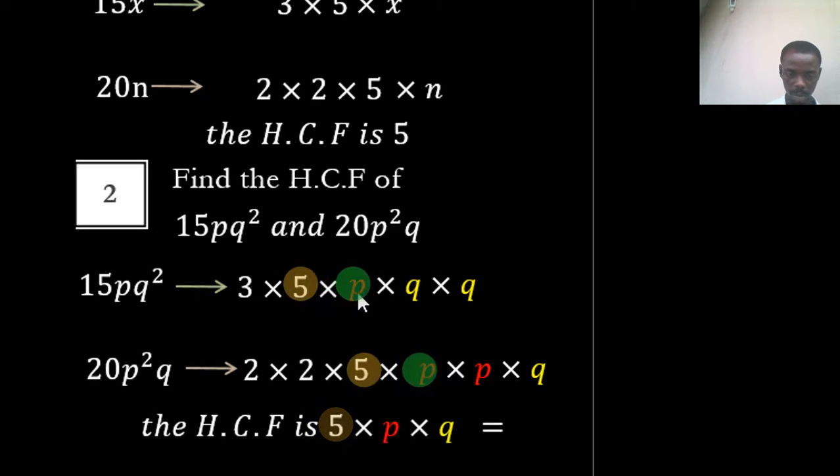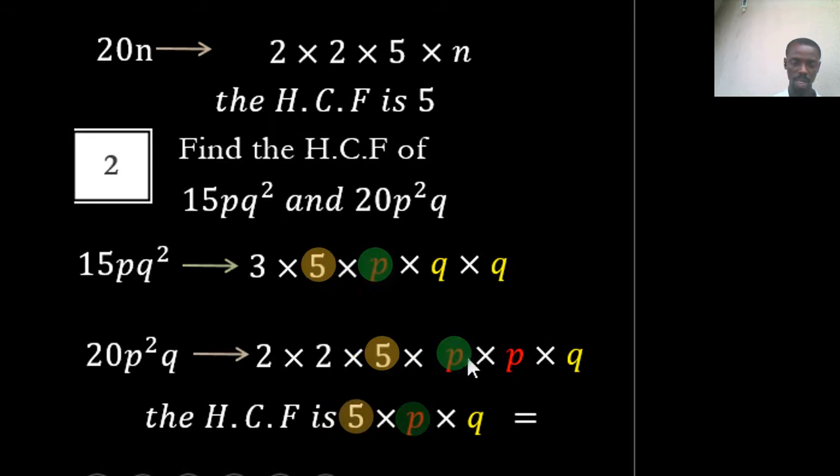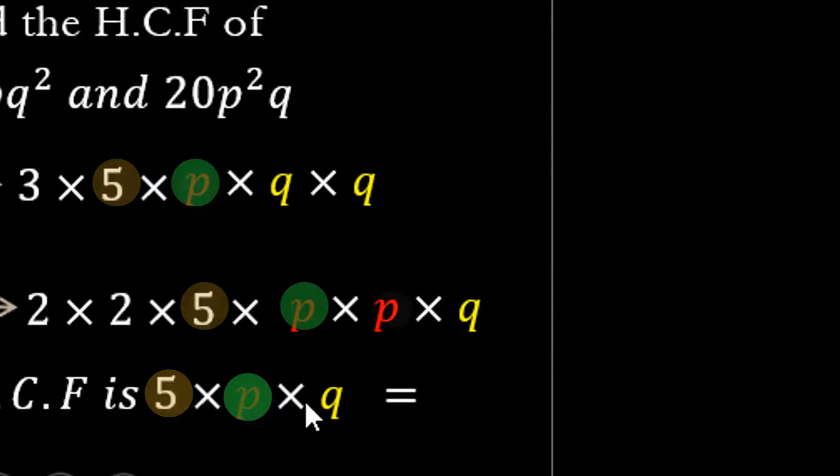Now I have a p here, I have a p here. So there are 2 groups of p here, and I can just match this with this to give this p. Now this is a q and this is another q, so that is making a q.